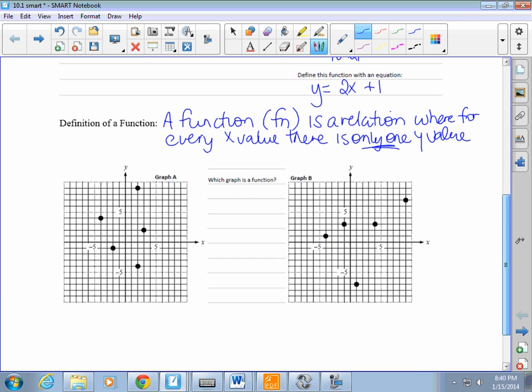So if I take a look at this graph here, which graph is a function? Every x value that I have here, so I had a negative 4, I only had one y value. There's no other y value that matches up with negative 4. If I look at this one, it's a negative 2. There's a y value here at negative 2, but there is no other one.